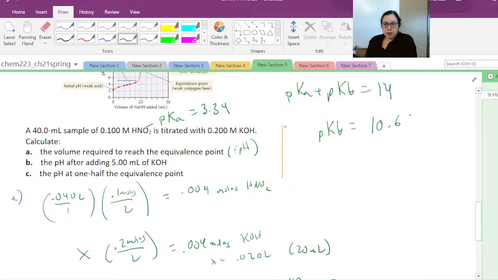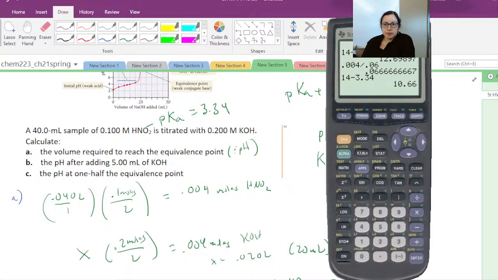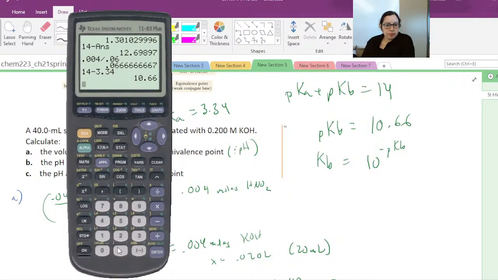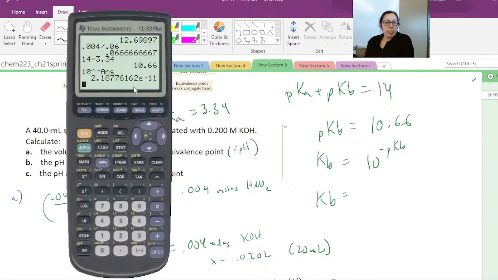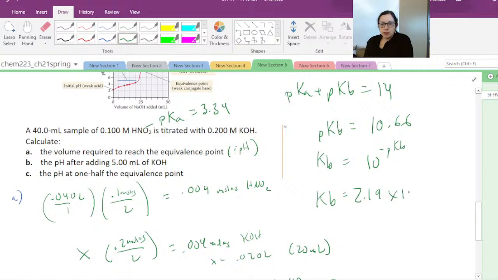So 10.66, so that means, let me get my Kb. So 10 to the power of negative pKb. All right, so now that's my Kb, sorry. 2.19 roughly times 10 to the negative 11.